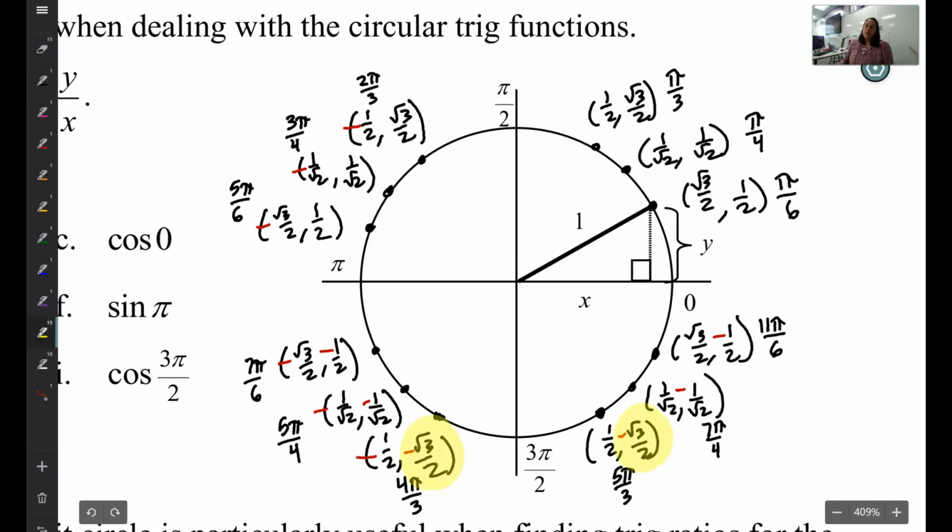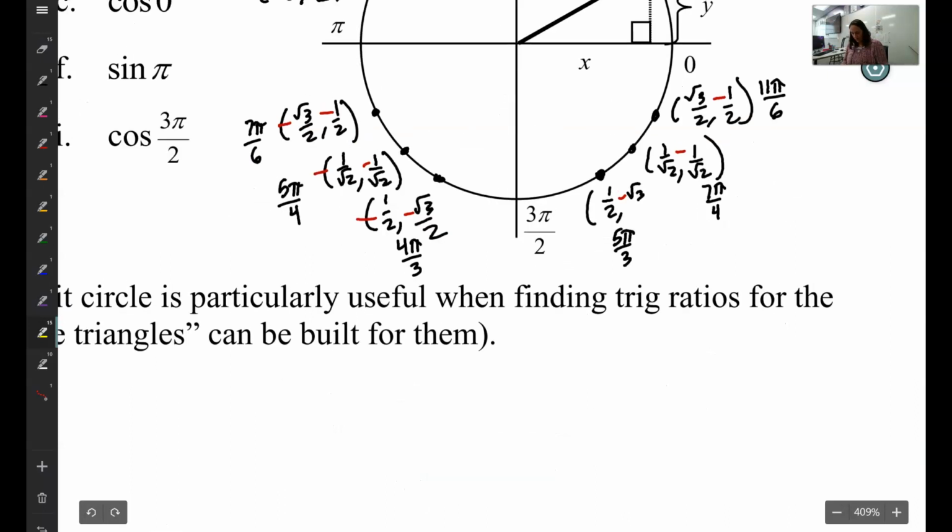Now here's why it says make sure you do all the solutions from 0 to 2pi, because most of them will have more than one. This one has two different angles that have a y value of -√3 over 2. So I've got 4pi/3 and 5pi/3.